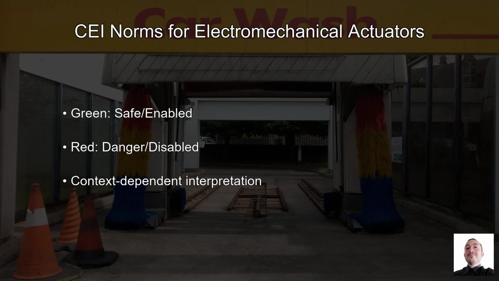However, the interpretation can vary based on the context. For example, in some setups, green might mean the machine is off, and red means it's on, depending on whether you're prioritizing safety or operational status. Understanding these norms is vital for effective communication and safety in industrial environments. Let's dive deeper into the practical applications of these norms.